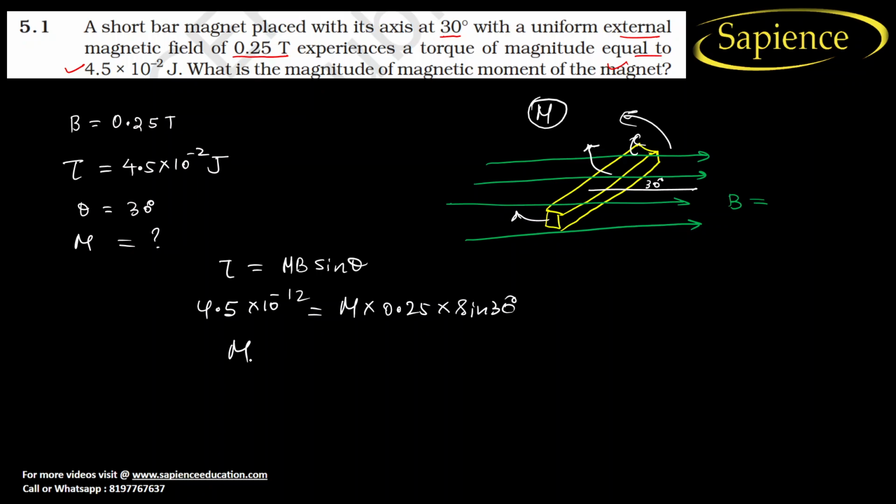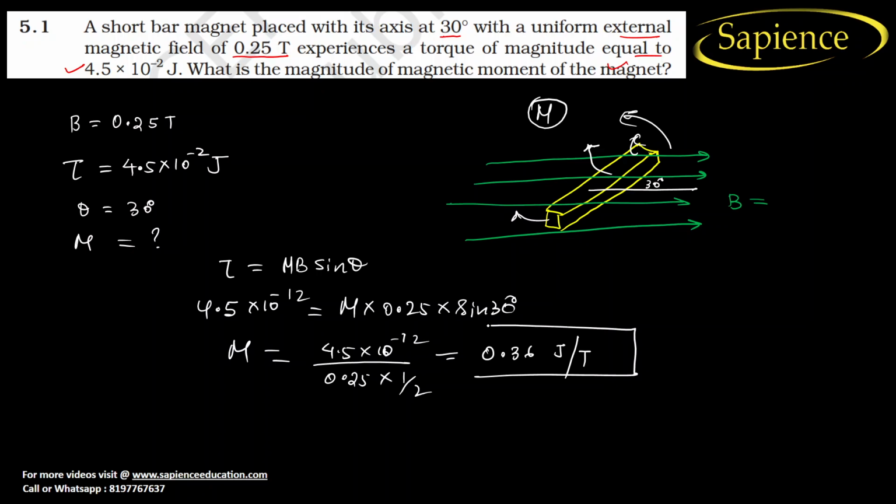So from here the magnetic moment is equal to 4.5 into 10 to the power minus 2 divided by 0.25 into 1 by 2. So from here what we can infer is that it is equal to 0.36 joule per Tesla. So this is our magnetic moment, right? So I hope you have understood it well.